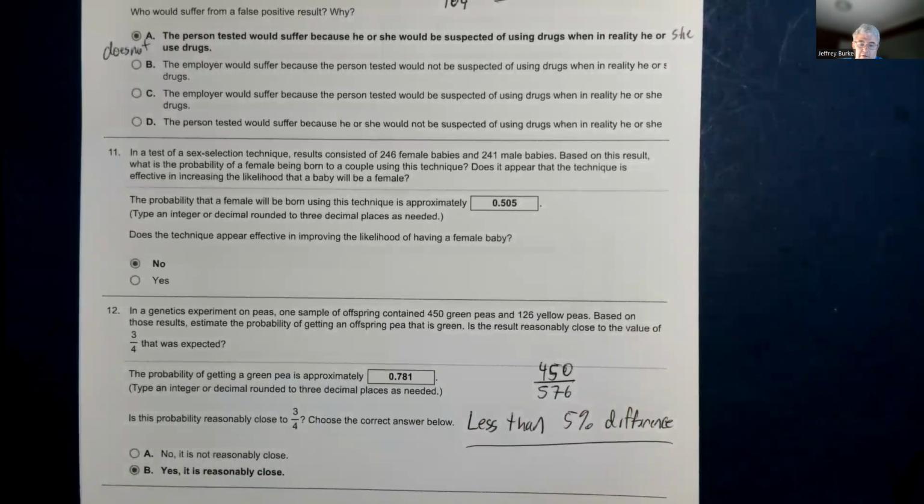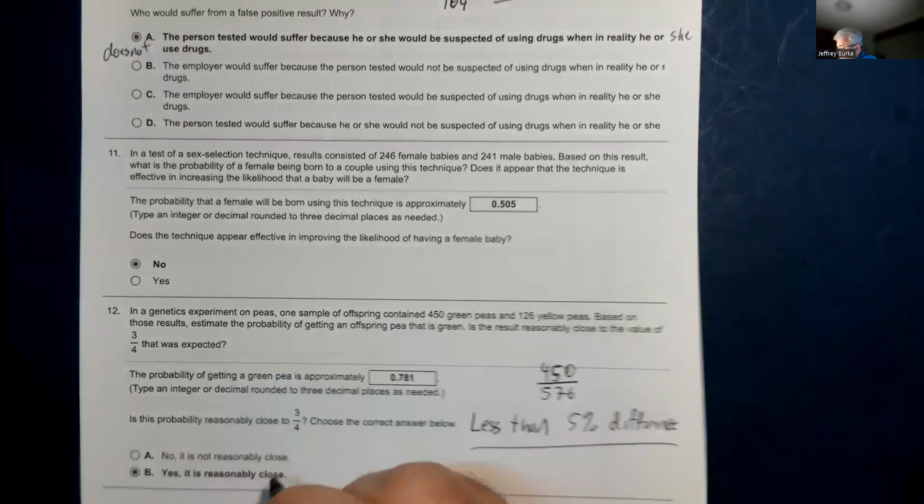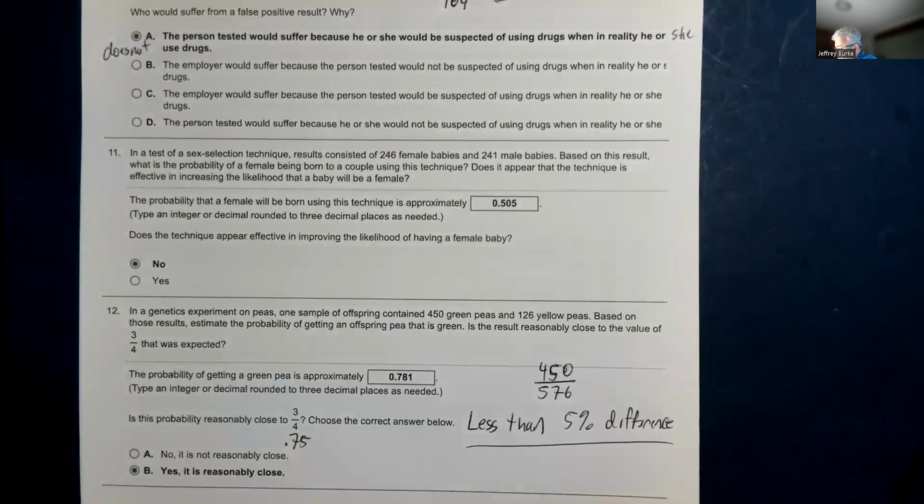If, for example, we were told it's 75% and we got a probability of like 85%, that's not reasonably close. That's a bit off. So as a general guideline, we look at that being a less than 5% difference. And because 3/4, as a decimal, is 0.75, and we obtain a probability from the data of 0.78, we can say that that's reasonably close.